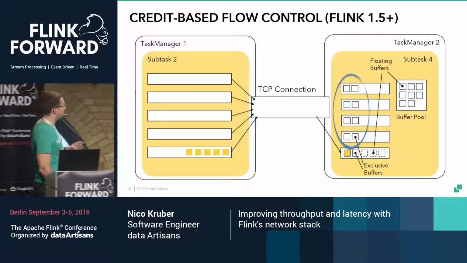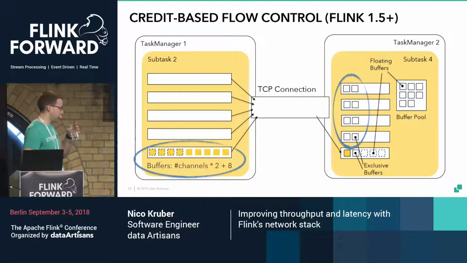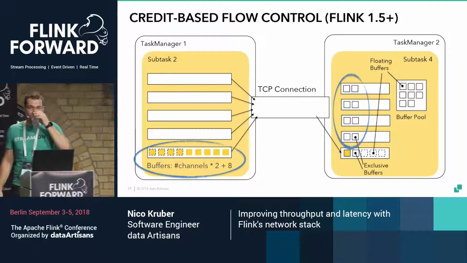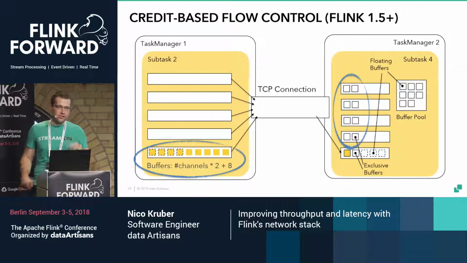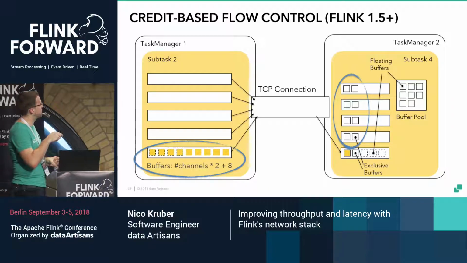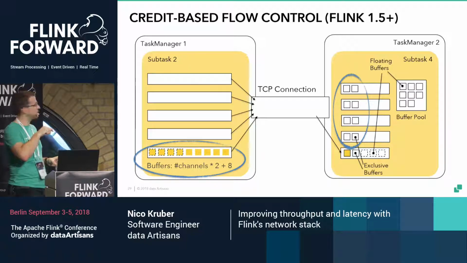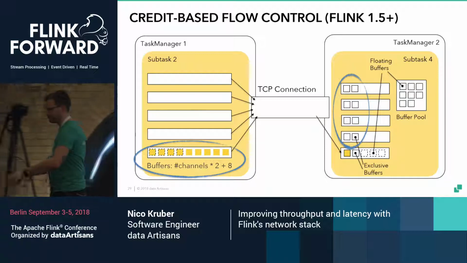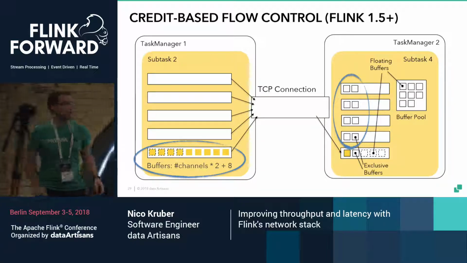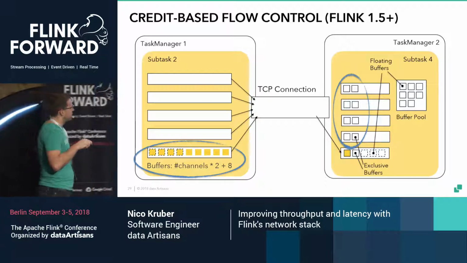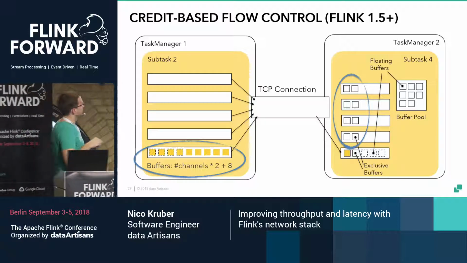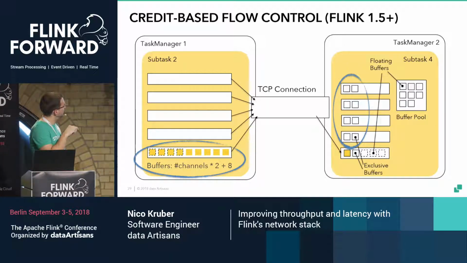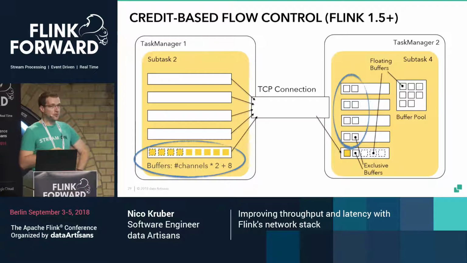But it's not only a problem on the receiving side, it's actually also a problem on the sender. Because the sender has a shared buffer pool, so we don't assign exclusive buffers on the sender side, but we have a shared pool. And any of the channels can pull from this pool. But those empty channels will never pull from this one.